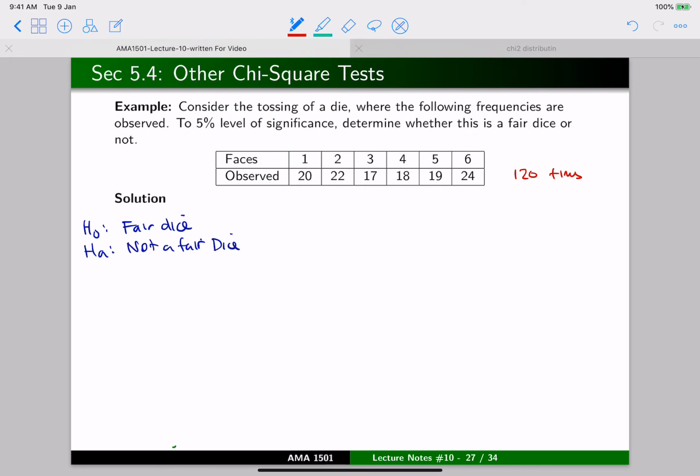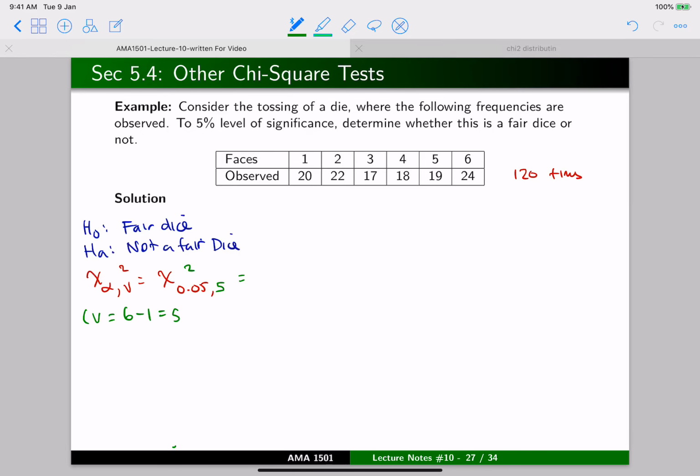Since we have a 5% level of significance, alpha is 0.05. Nu is the degrees of freedom. Remember, it's the number of cells, 1, 2, 3, 4, 5, 6. So 6 minus 1, number of cells minus 1. It's 5 degrees of freedom.